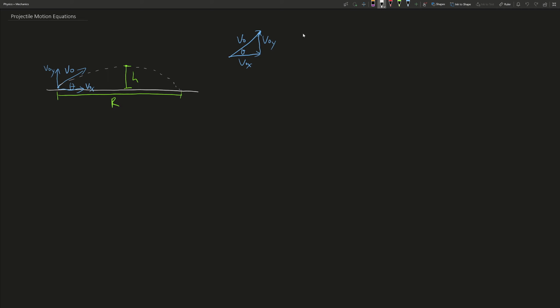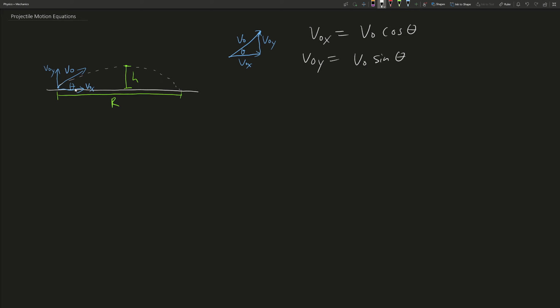From this, it is evident that using trigonometry, we can find that the initial x velocity is equal to v0 cosine theta, and the initial y velocity is equal to v0 sine theta. Now, recall the kinematic equations.